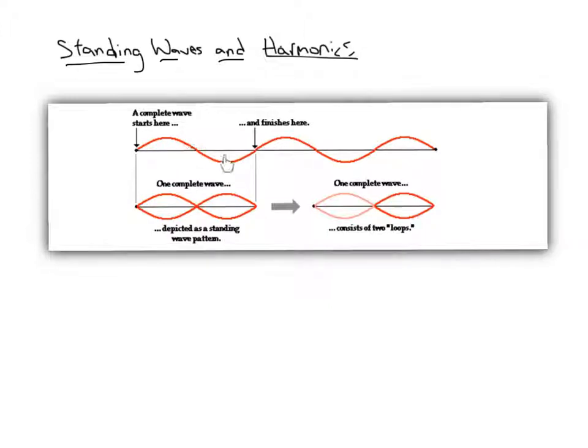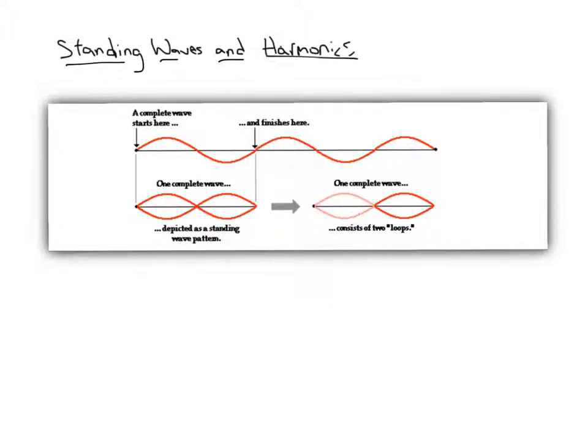But for a standing wave, it's actually going back and forth between this wave and this wave. And so when we draw standing waves, we draw them as these kind of egg-shaped waves. So one complete wave consists of two loops.